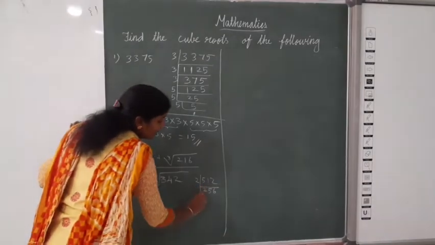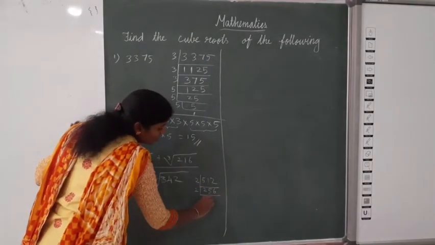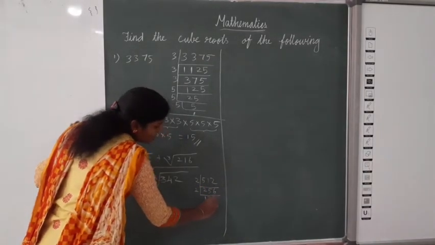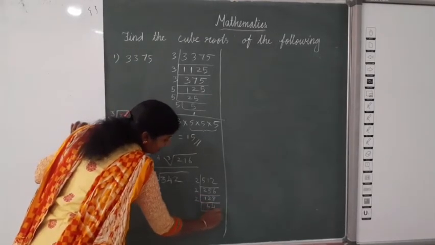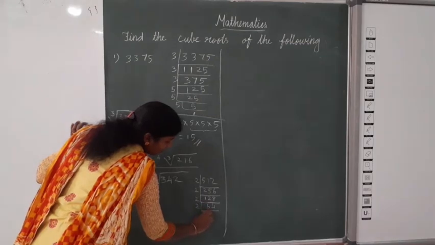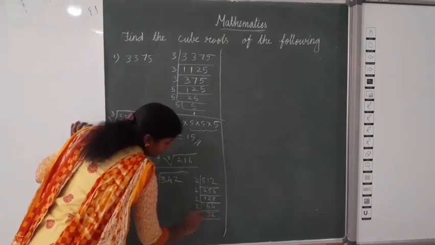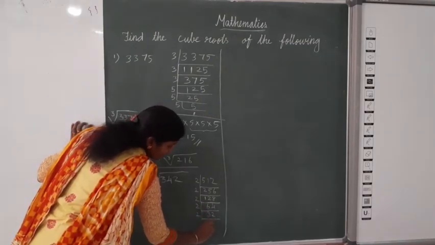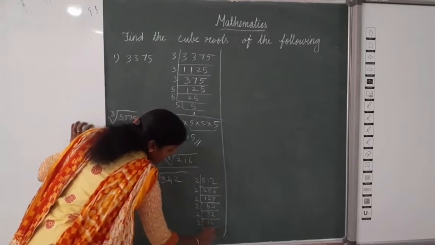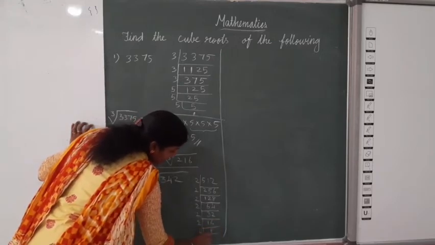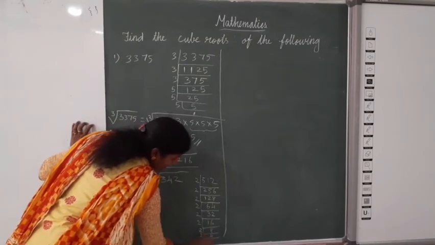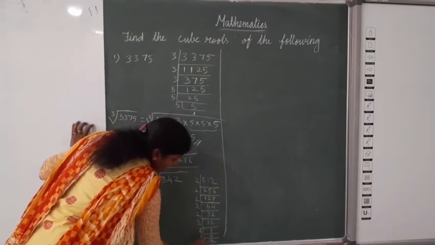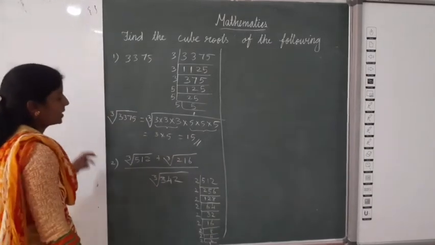Then 2 table. 1 2 is 2, 2 2s are 4, 8 2s are 16. Again 2 table. 6 2s are 12, 4 2s are 8. 3 2s are 6, 2 2s are 4, 1 2 is 2, 6 2s are 12, 8 2s are 16, 4 2s are 8, 4 2s are 8, then 2 2s are 4, then 2 table 1.